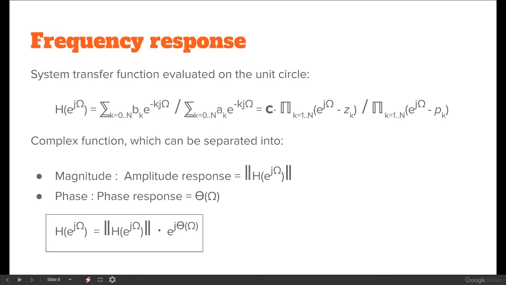So, the system transfer function. If you evaluate the system transfer function on the unit circle of the complex Z-plane, you will get the complex frequency response.